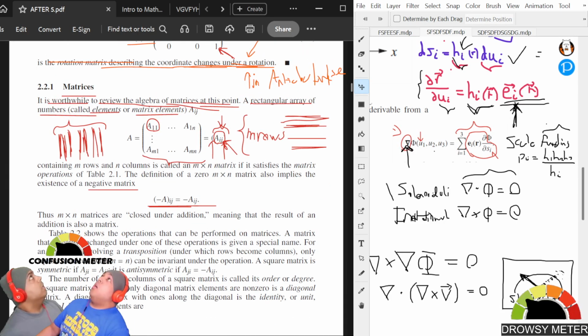It's worthwhile to review a rectangular array containing m and n, blah blah. The definition of a 0 m times n matrix also implies the existence of a negative matrix. Does it though?